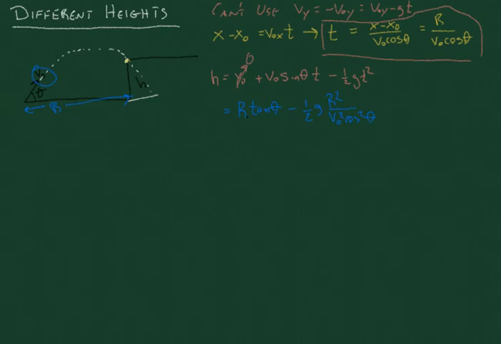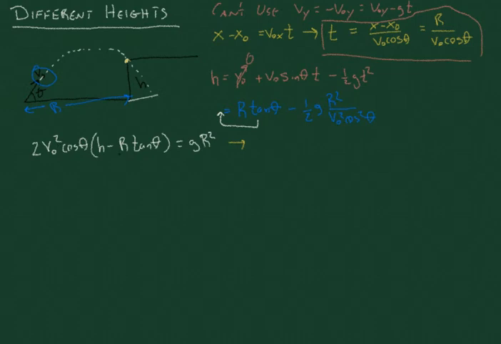And so from here, we can multiply by 2v0 squared cos squared theta, and we'll rearrange terms a little bit. We'll say that 2v0 squared cos squared theta is multiplied by, we'll pull this over to the other side, so we have an h minus r tangent of theta, which is going to equal g times r squared.